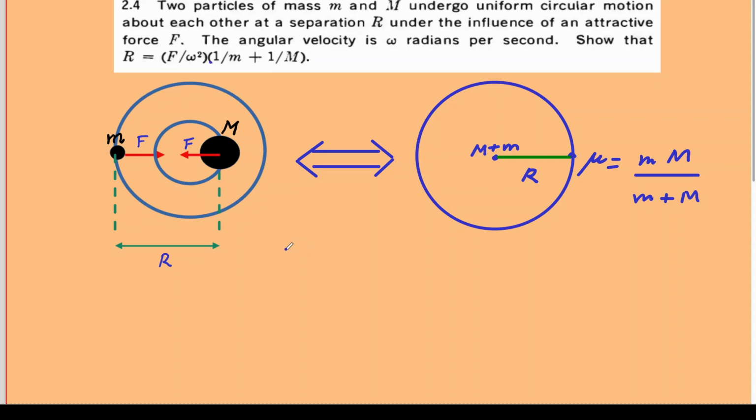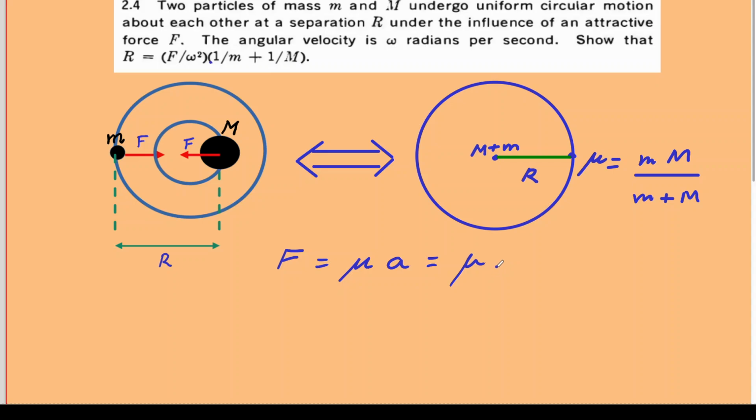So there will be a force interacting like this: the reduced mass times the acceleration. And the acceleration, that's just a centripetal acceleration in order to do the circular orbit here.